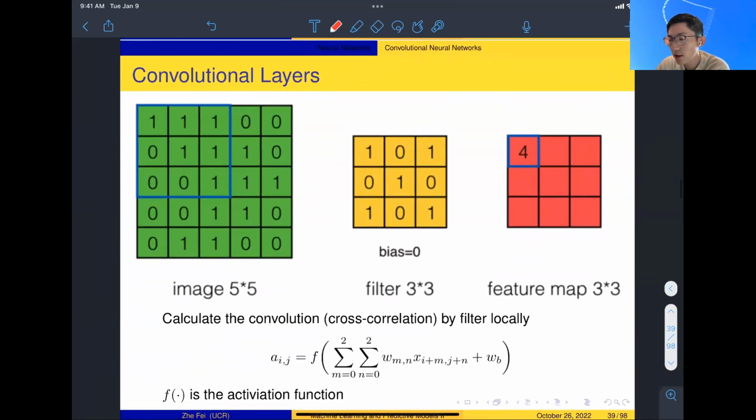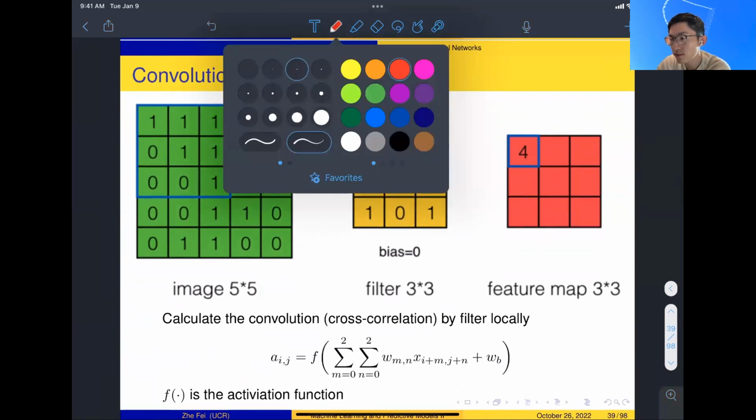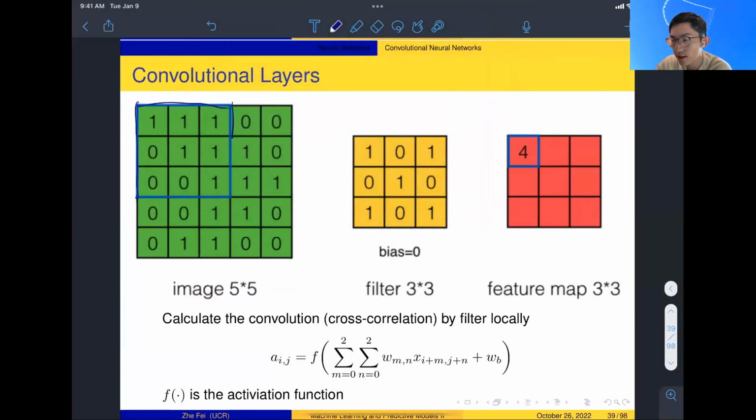And how exactly do we apply the filter? It's basically, we overlay this filter to the first local region by this blue square, right? So this blue local region where we overlay our filter, and the convolution is defined as simply you take the summation of the multiplication here, meaning that you do the entry-wise multiplication, right?